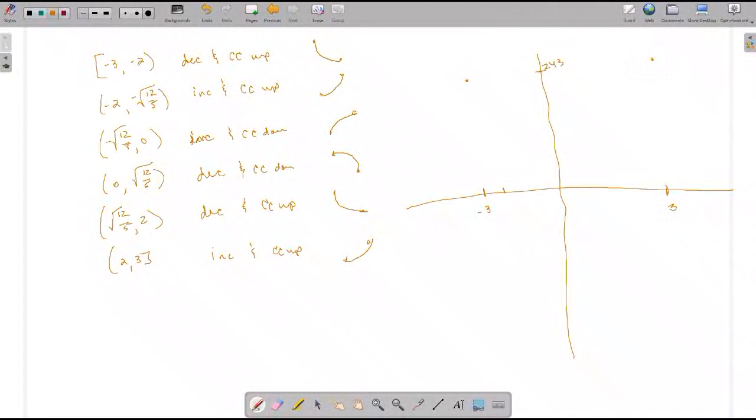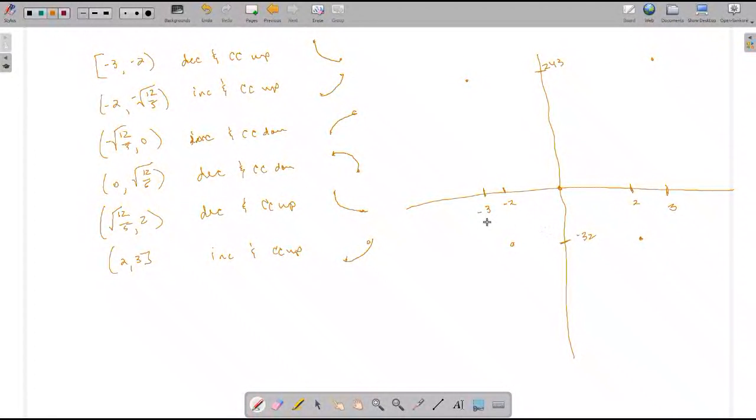I know that at negative 2, I'm down here at negative 32, as I am at positive 2. And I know at 0, 0, I'm at the origin.